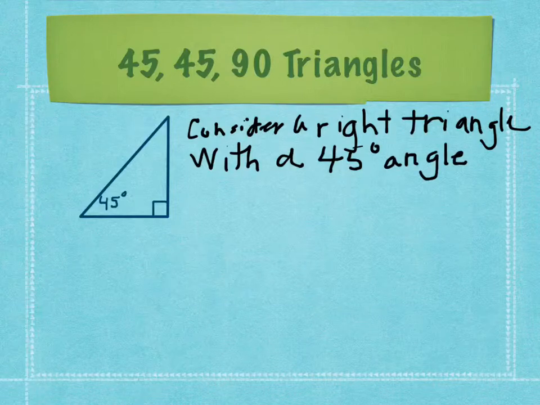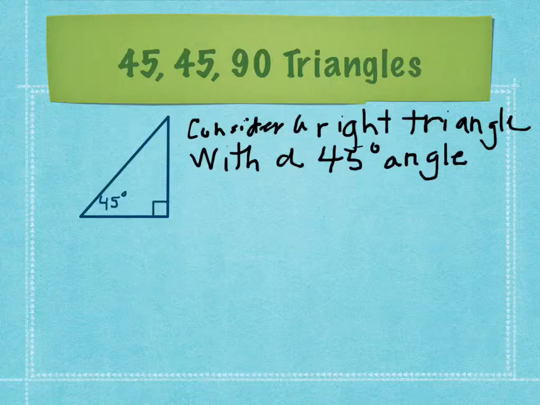Now, the first thing that you should remember from geometry ages ago, or even from elementary school where you first encounter it, is that if I've got a triangle here, what do the angles of the triangle add up to? 180. They add up to 180. So I already have one 90-degree angle, which means the last two angles also have to add up to 90, and one of them is 45. So what is the missing angle?